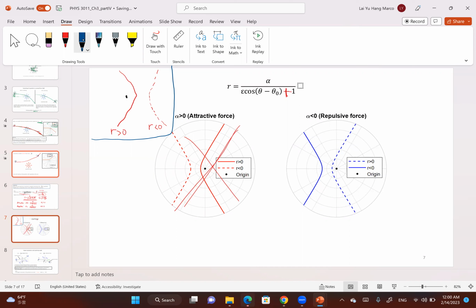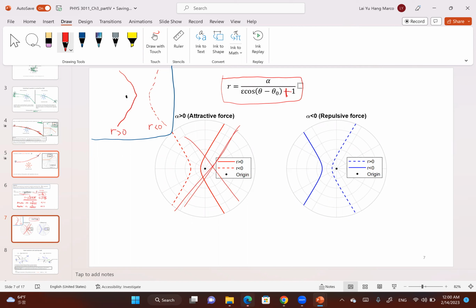Here I want to mention one thing: when I write down this equation, you can see that R is sometimes positive and sometimes negative.